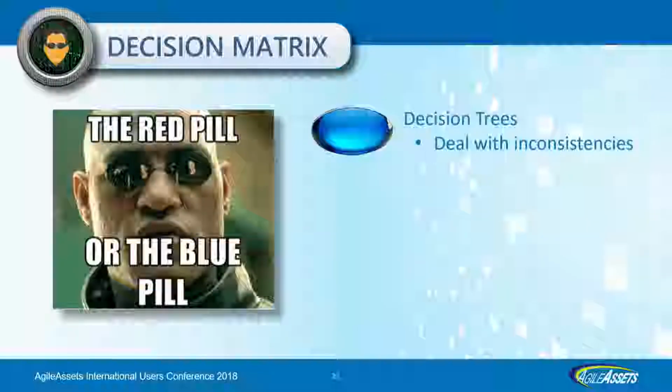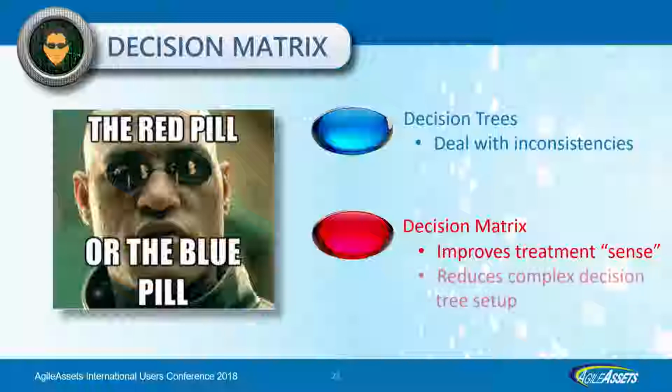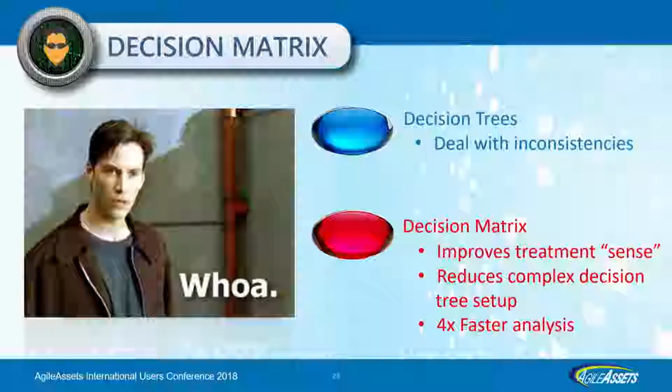You can take the blue pill and just ignore those inconsistencies, or you can take the red pill and use decision matrix, which, what does it do? It improves the treatment sense. Number two, there's a lot less complex decision tree setup, and you'll see in a second, I'm going to show how it's set up. And then it also runs the analysis a lot faster.